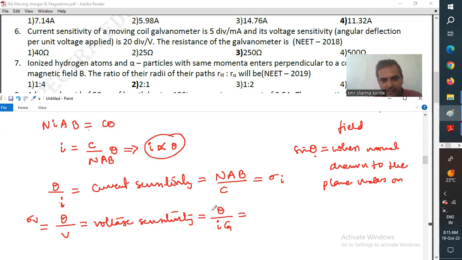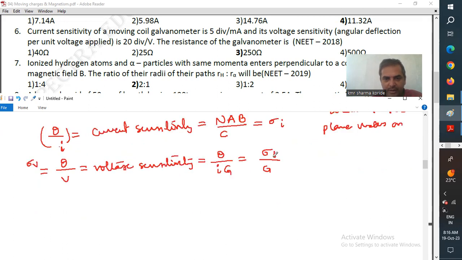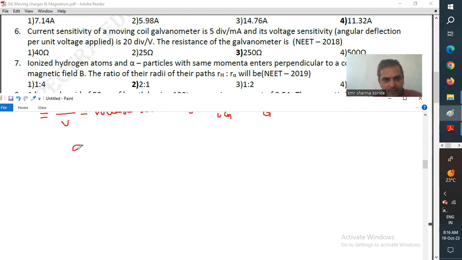Looking at the first equation, theta by I can be replaced with sigma I. So sigma V is equal to sigma I by capital G. Finally, you get the relation that voltage sensitivity is equal to current sensitivity upon galvanometer resistance.